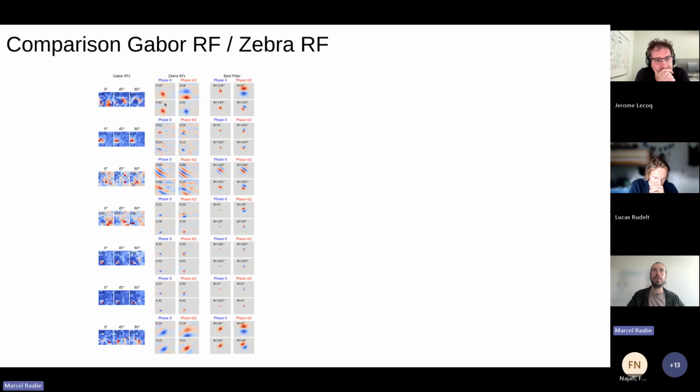The zebra stimulus uses the whole screen, so it's a bit wider, and that's why the aspect ratio is a bit different. So if you want to overlay it, you have to overlay this Gabor receptive field at the center of the zebra correlation map.